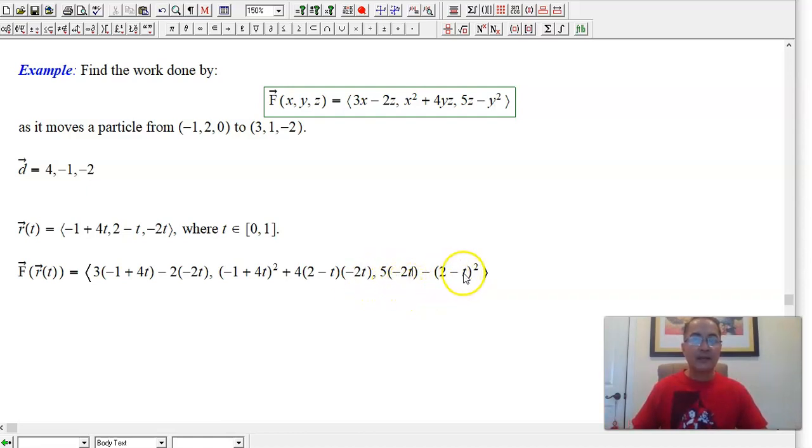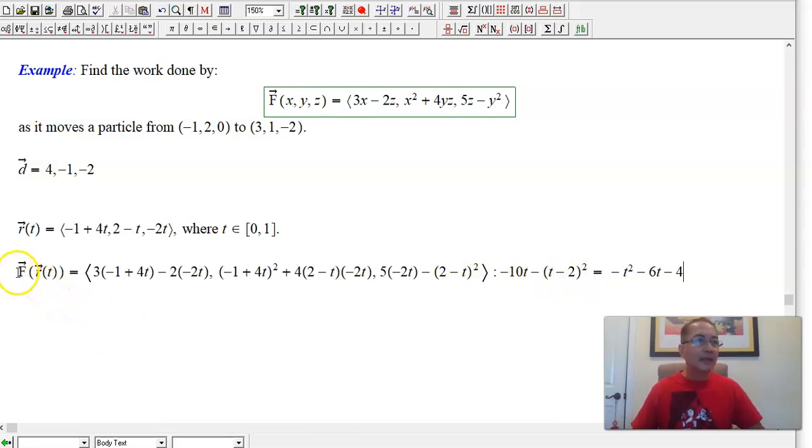We have to expand this, multiply this, simplify that, and then do the same here. We have to multiply that, expand that, and expand, expand, simplify. Compute and simplify. Okay, there we go. That's better. So that's the third component.